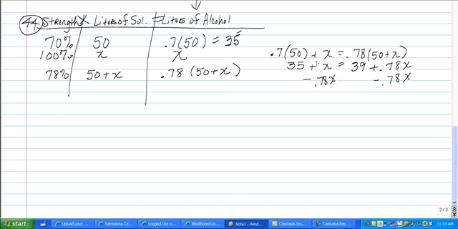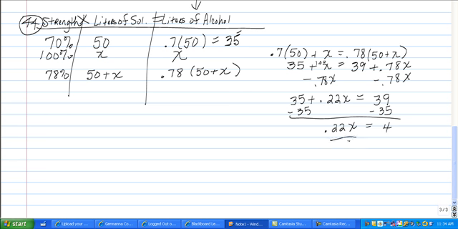And remember, this is a 1 in front of the x. So we're going to get 35 plus 0.22x equals 39. We subtract 35. 0.22x equals 4. That means when we divide by 0.22, we'll get x.